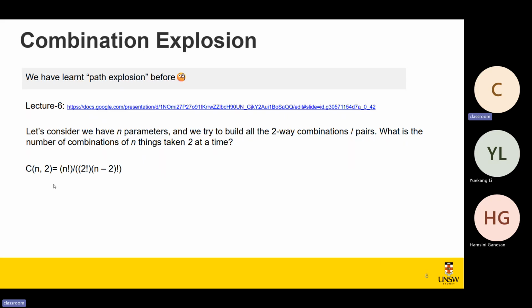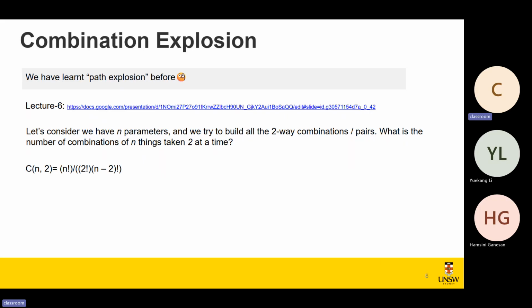And this value actually equals n times n minus 1, divided by 2, sorry. Can you imagine what the curve of this thing looks like? Does it grow faster and faster, or does it grow slower when n becomes larger?